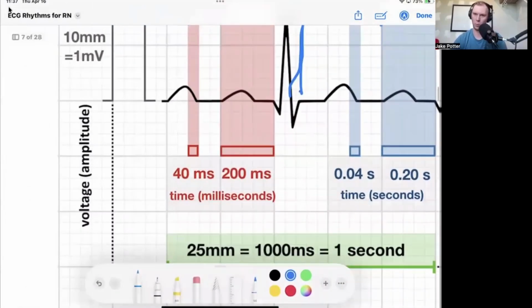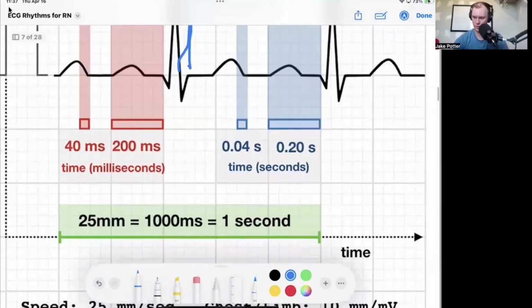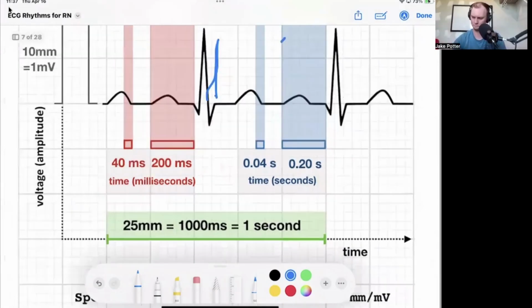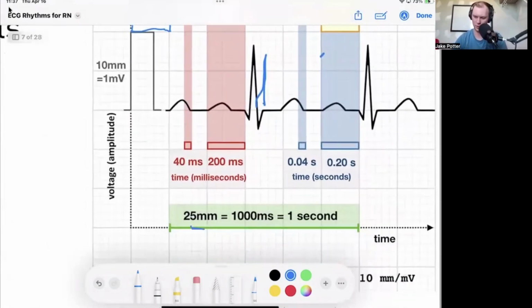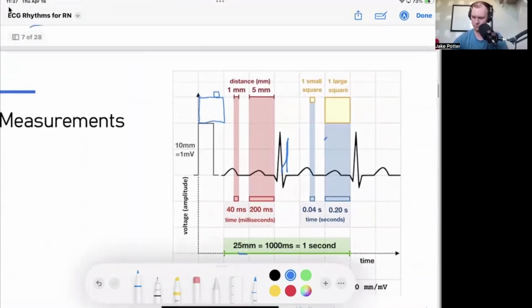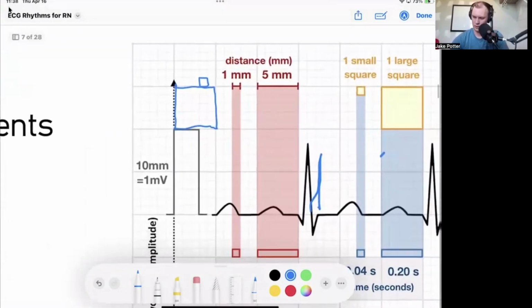That's going to be important when we're talking about the width of the QRS. If you say the QRS is 0.12 or 120 milliseconds, 0.20 is going to be 0.20 seconds. That's how much time the impulse is taking. And then your paper speed should be 25 millimeters per second, which isn't truly important right now.